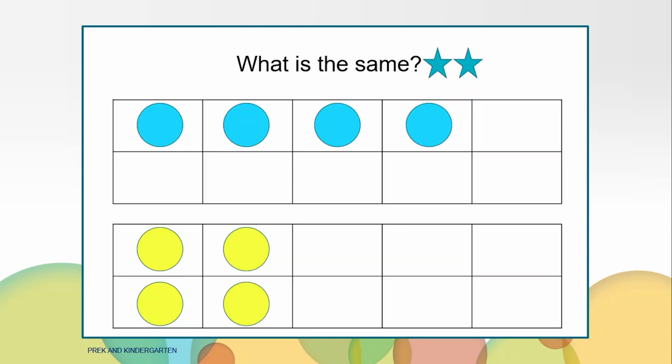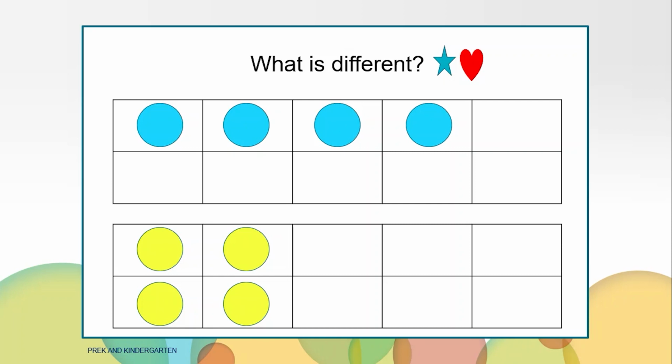What is the same in both pictures? It is the same because they both have counters. It is the same because they both have 4 counters. It is the same because they both use a 10 frame. What is different in both pictures?